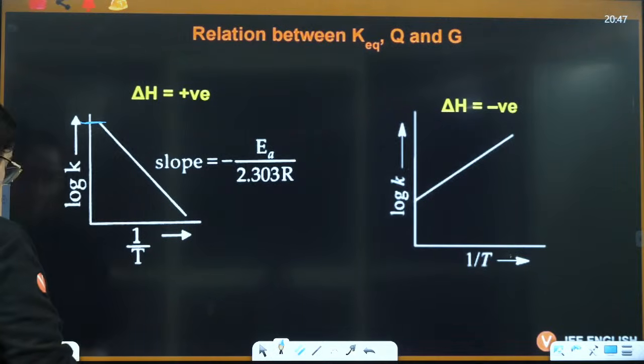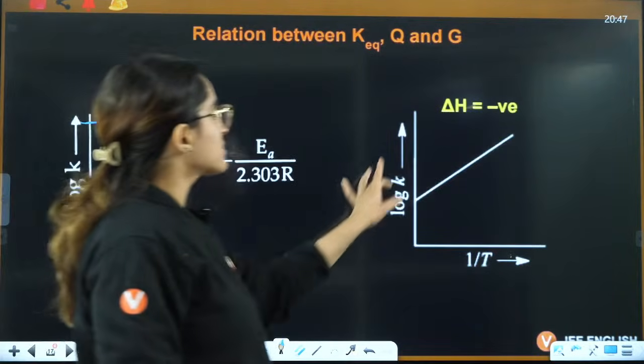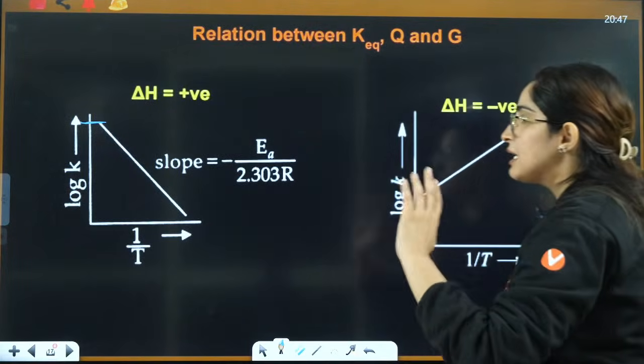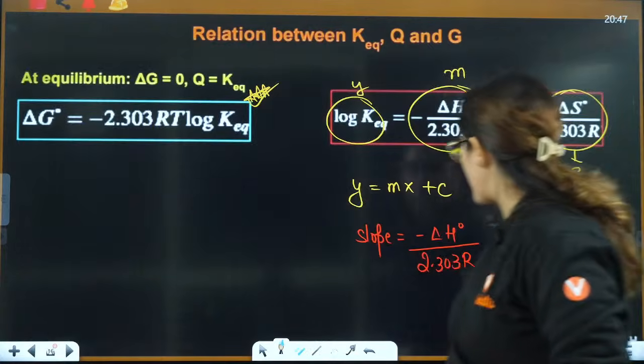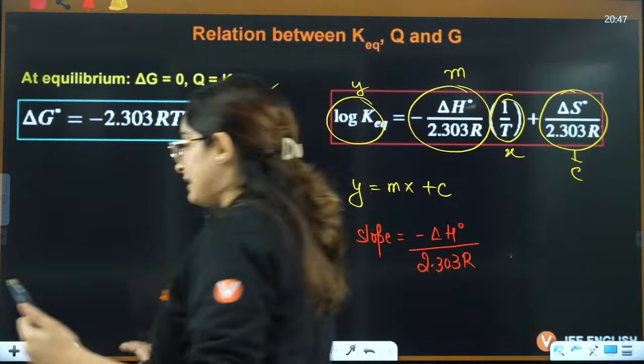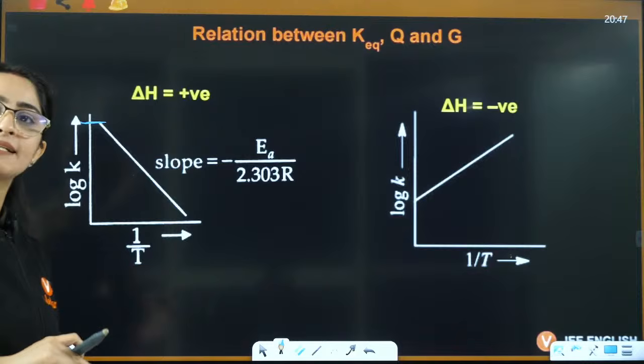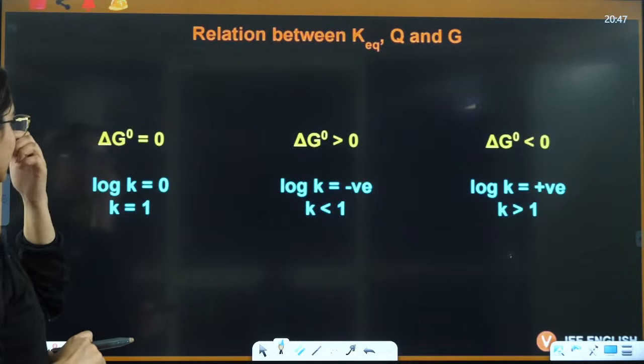Intercept, as we can see, this will be the intercept here, right? If I say delta H is negative, it's an exothermic reaction. Negative negative means positive, so it is going to be an ascending slope here, that is moving upwards, right? Everybody, tell me if that is clear.